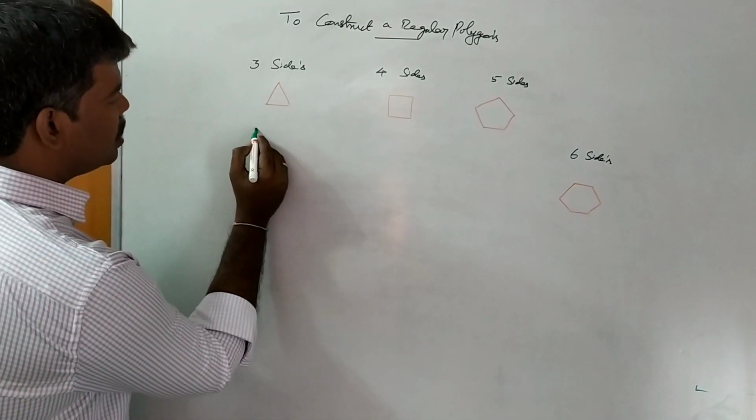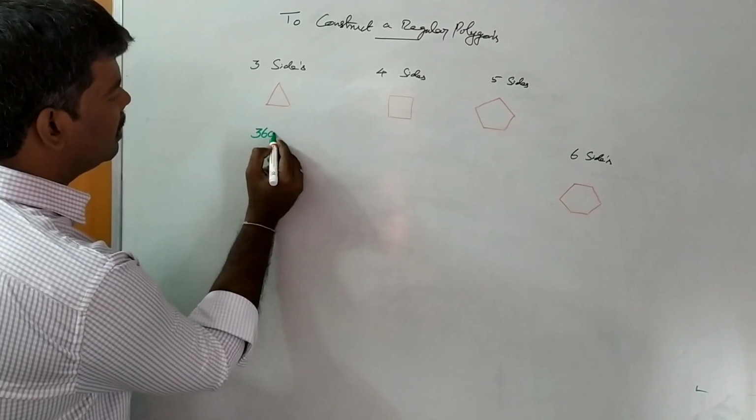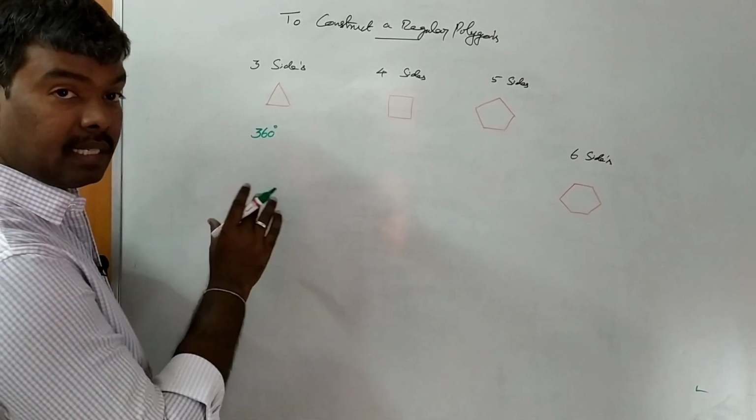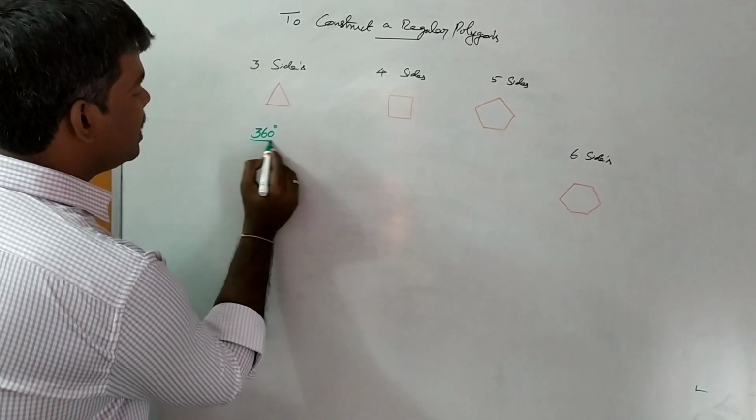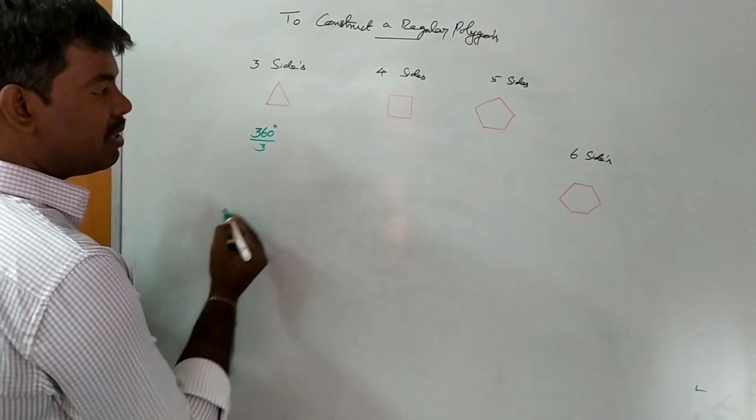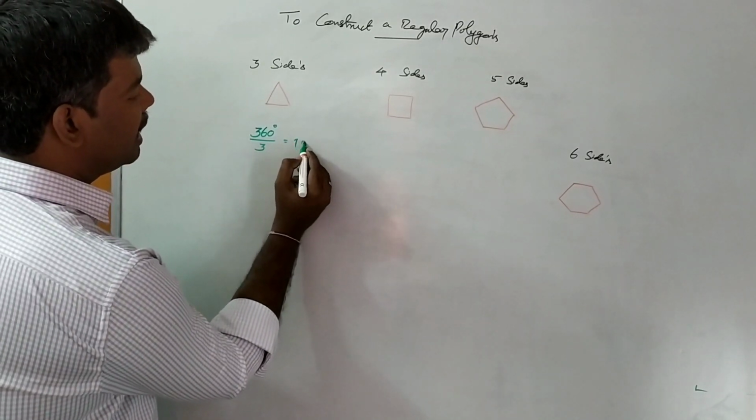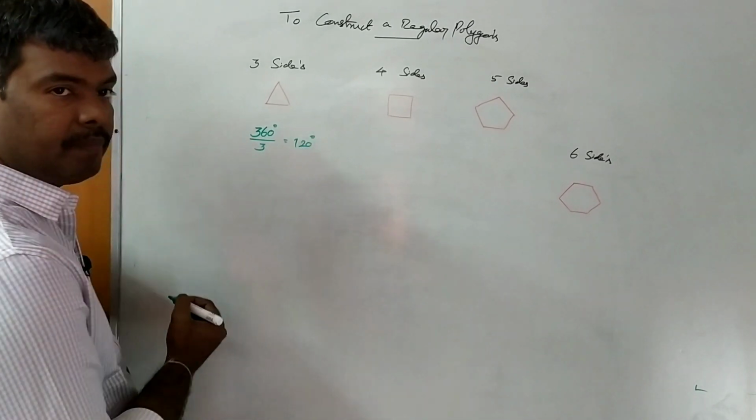Just assume, you know well, one complete circle is 360 degrees. So 360 divided by 3 sides is 120 degrees. Clear?